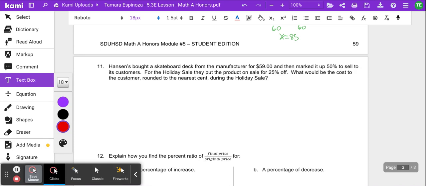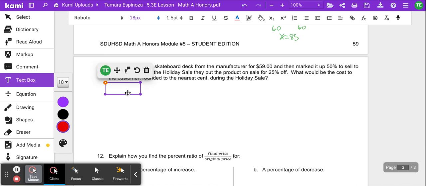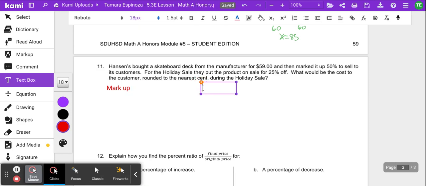Okay, so we've got two things going on. First, we have to deal with the markup. They thought, hey, I can sell it for this. But they realized it's not happening. So then they took that same item and put it on sale. So we're going to have to do this in two different phases.